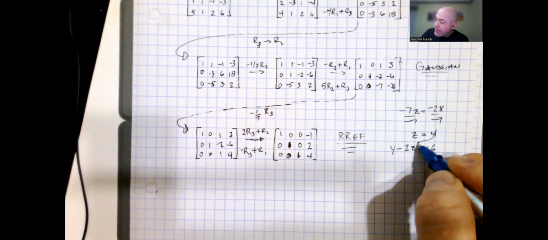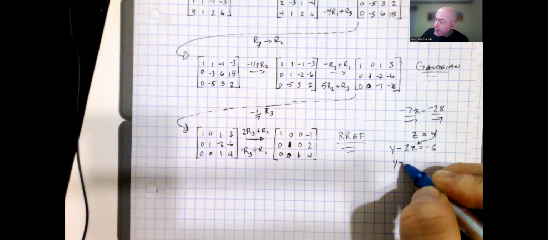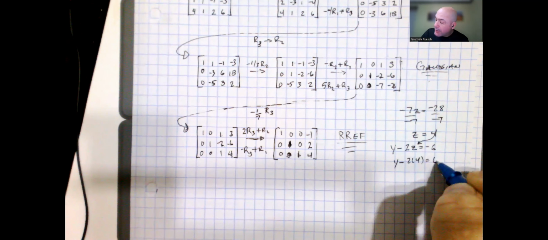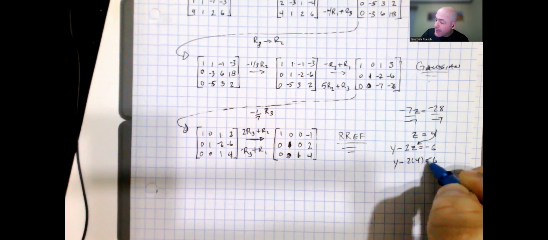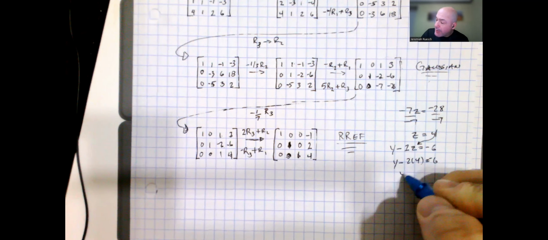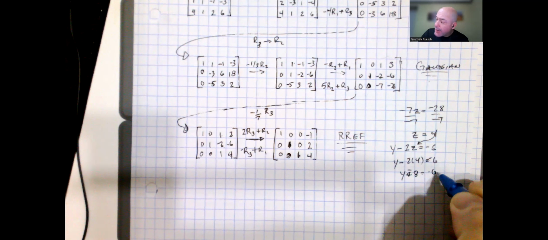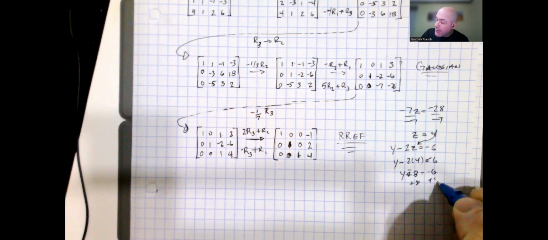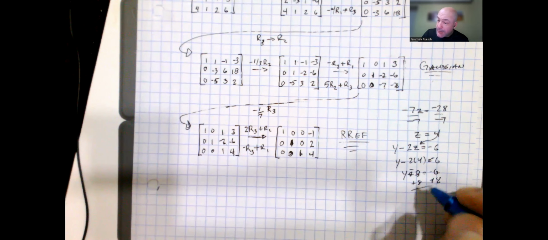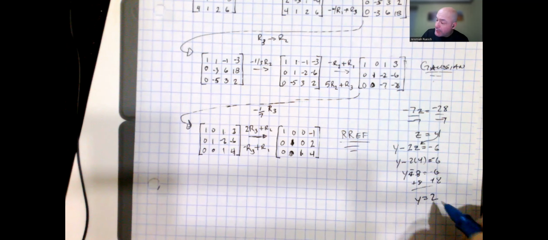If I plug this in, I get y minus 2 times 4 equals negative 6. So this is y minus 8 equals negative 6. If I add 8 to both sides, you get y is equal to 2.